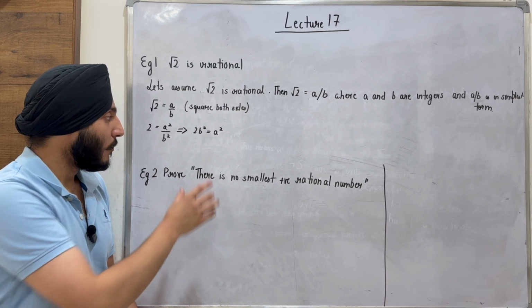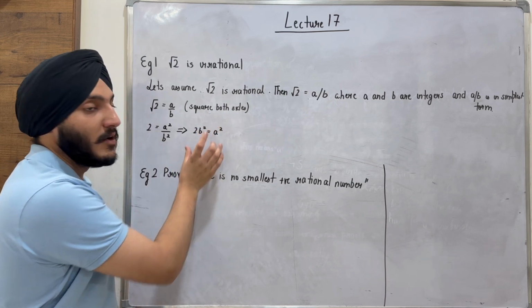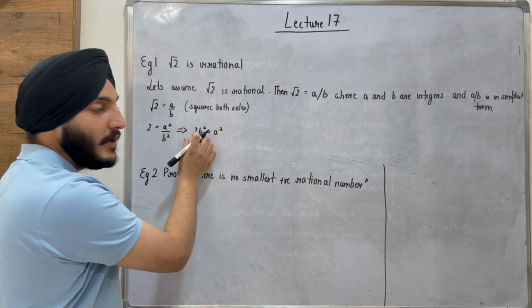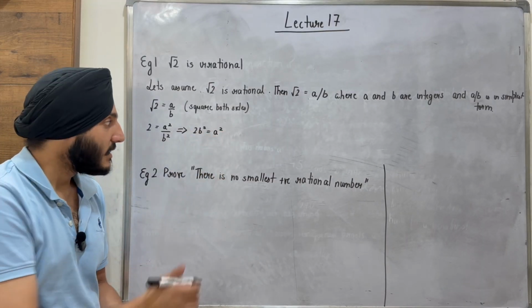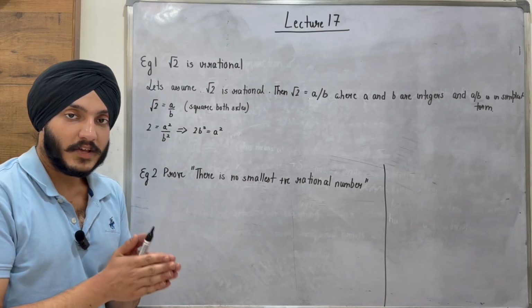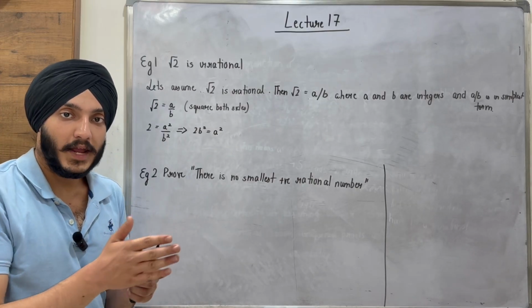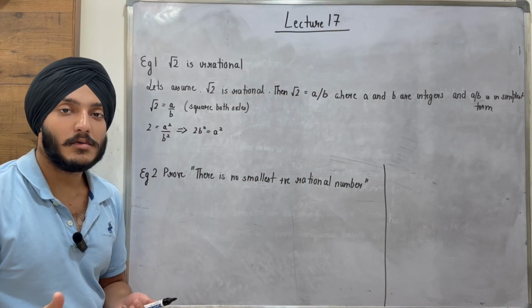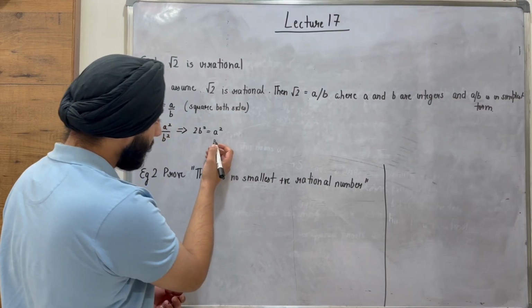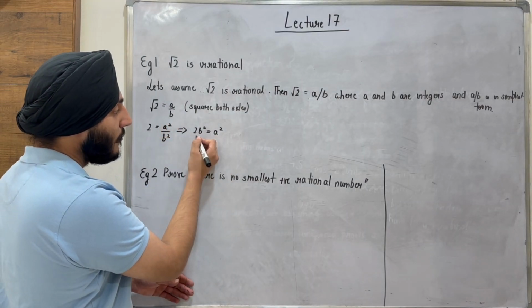Now let's try to understand what is the conclusion from this equation we get. Since a square is of the form 2b square, that basically means that a square is an even number, right? Even numbers have the form 2k, where k is some integer, and odd numbers have some form 2k plus 1, right? And in this case, we find out that a square has the form 2b square.